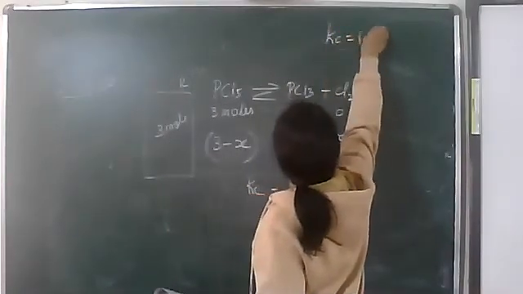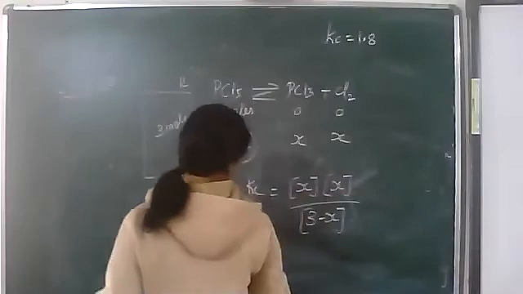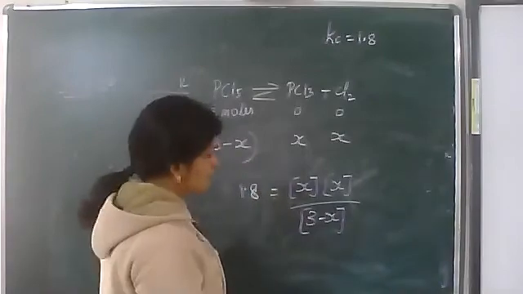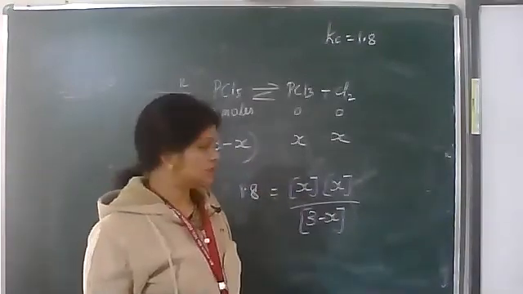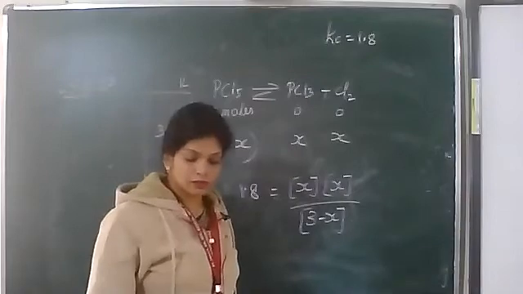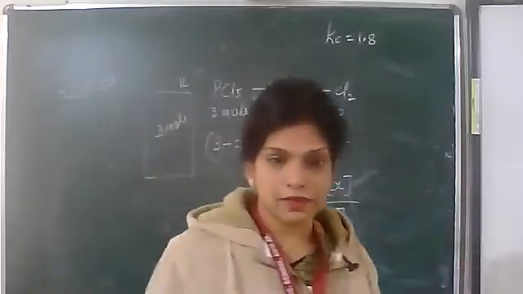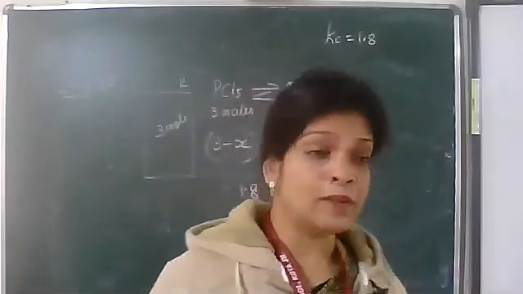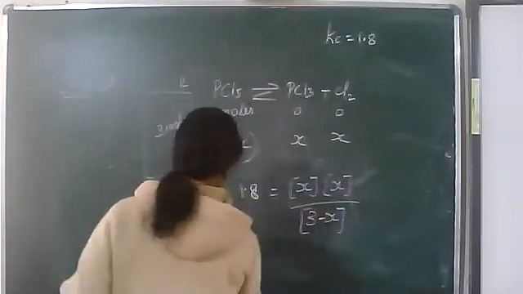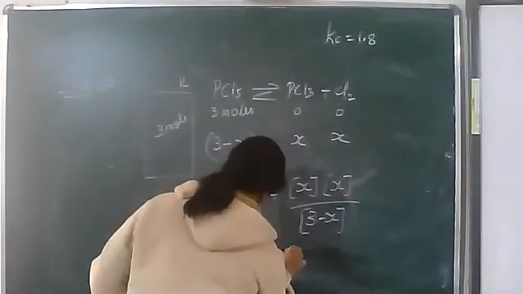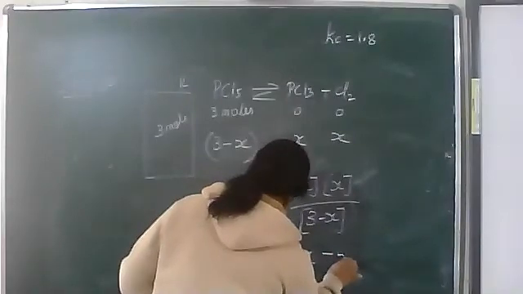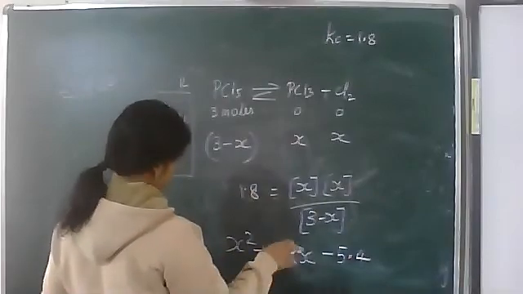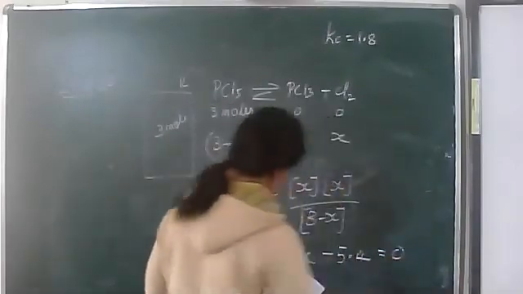You have to solve this quadratic equation. It is difficult to solve, so it will be x square plus 1.8x minus 5.4 equal to 0.